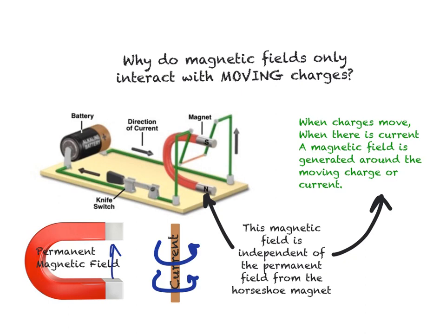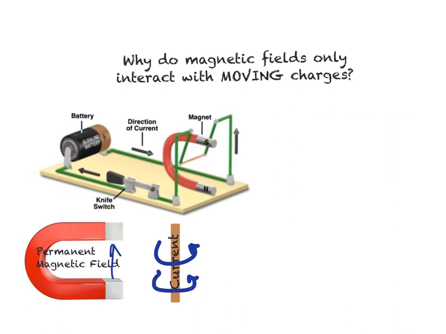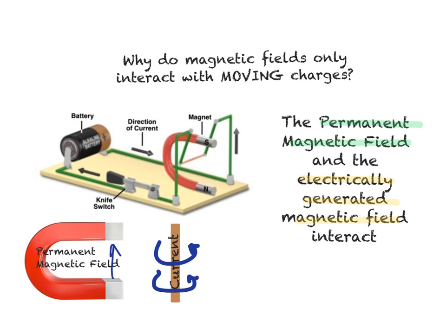So now that we know that moving charges have magnetic fields developed around them, it makes more sense that only when they're moving and have their own magnetic field would they be able to interact with the other magnetic field. It's almost like I can't understand the language until it's translated into something I can understand. Or perhaps it could go even further and say that the language isn't even there until the charge is moving.